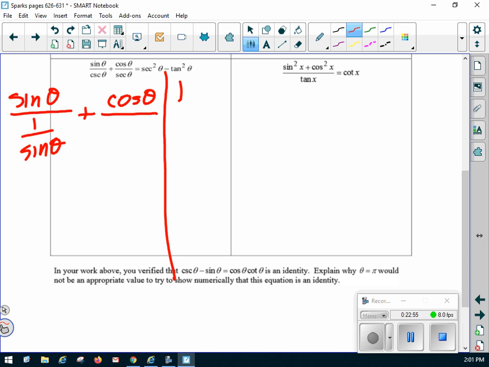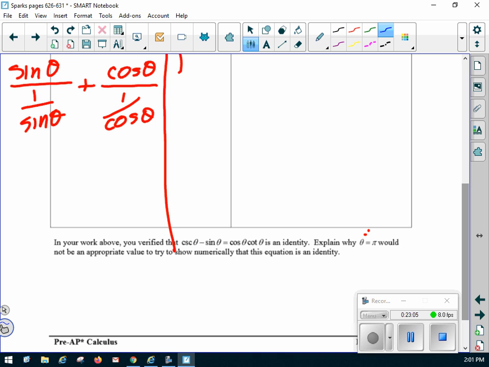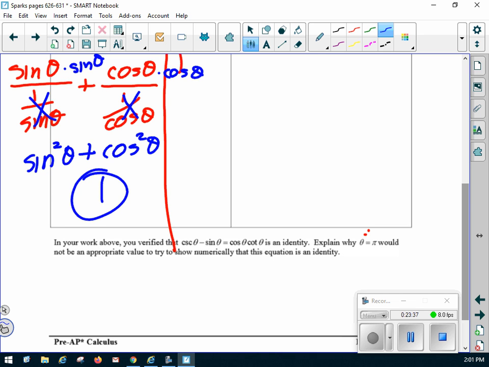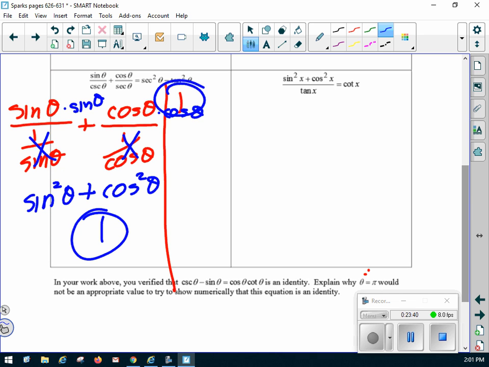Cosine theta over 1 over sine theta: dividing by 1 over sine theta is the same as multiplying by sine theta, which is sine squared theta, plus dividing by 1 over cosine theta is the same as multiplying by cosine theta. That's 1. Woohoo! That's what I wanted.